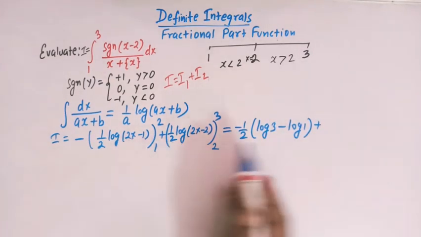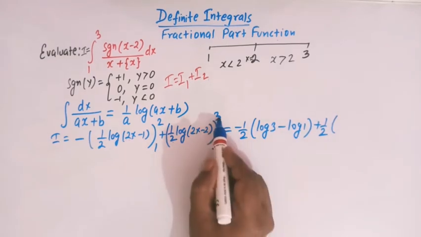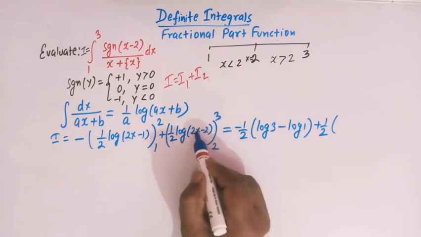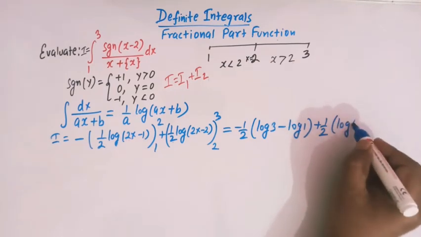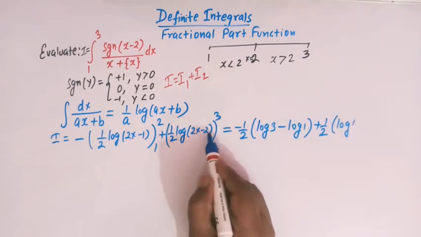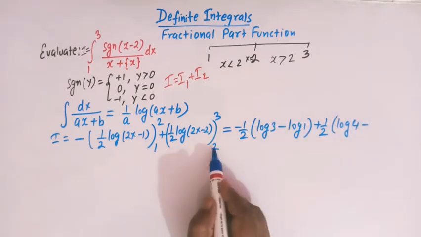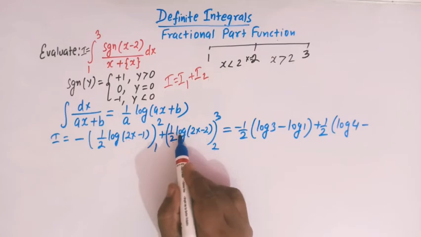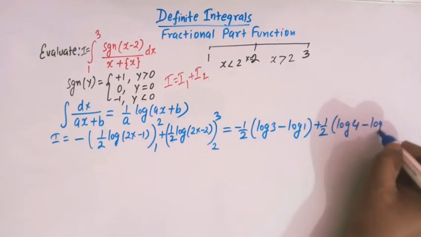Here again we can take half outside, and when we take x equal to 3, 6 minus 2 is 4, and minus, when we take x equal to 2, we have log of 4 minus 2, that is log of 2, right?